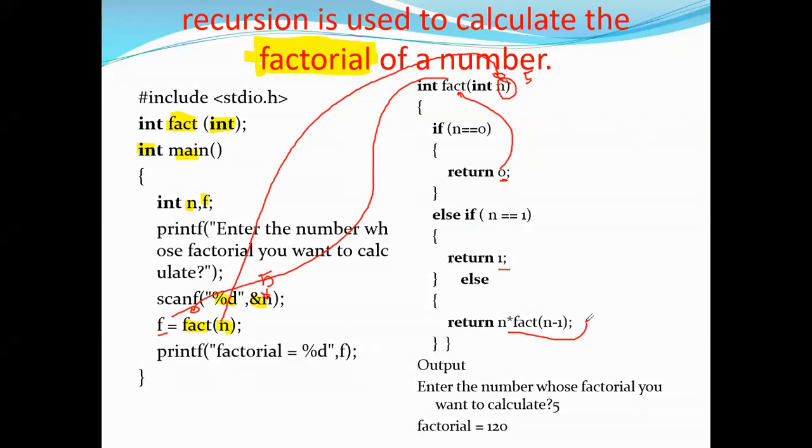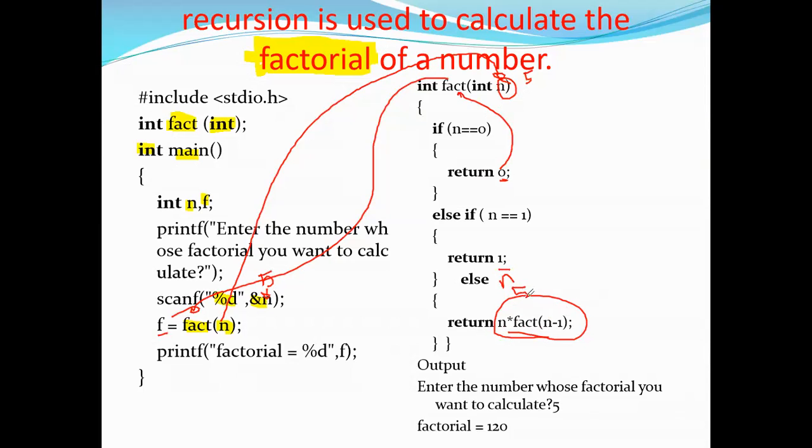The entire thing is called the recursion operation. Here you are calling the function, and inside the subfunction you are calling the function once again. That means n is multiplied, and it returns the value; n is 5.